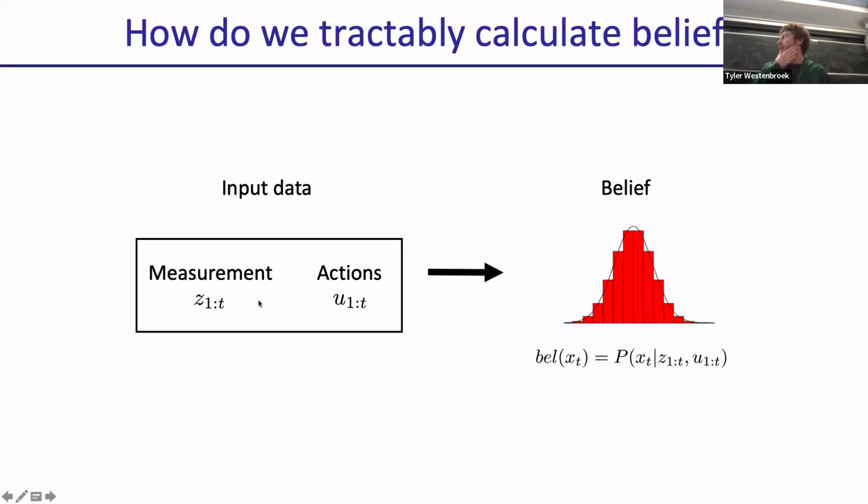Okay. So again, what we're going to try to understand is, given this really long sequence of estimates and actions, how can we recursively come up with a distribution or a belief for the states that we're in at a particular time? And this is the Bayesian filter and what we're going to try to focus on today.